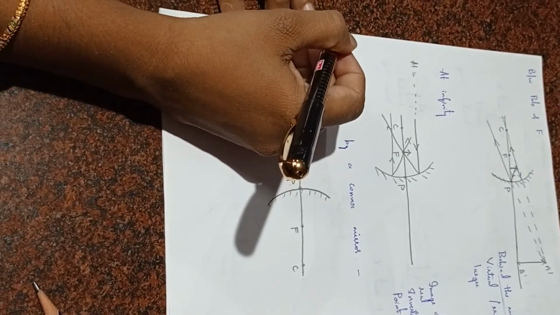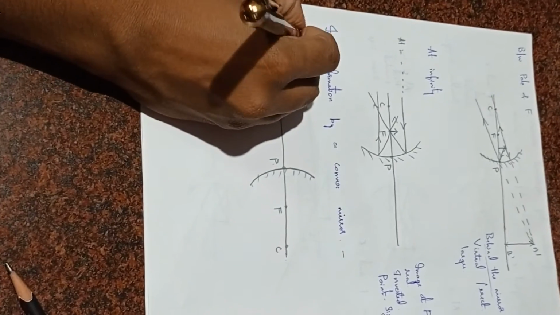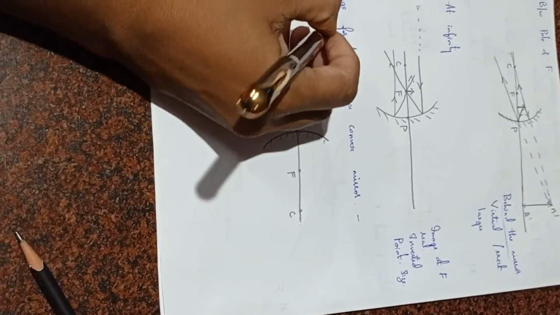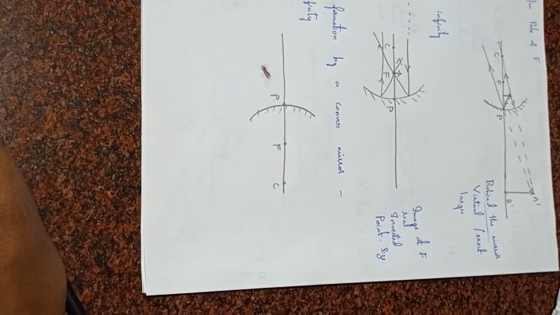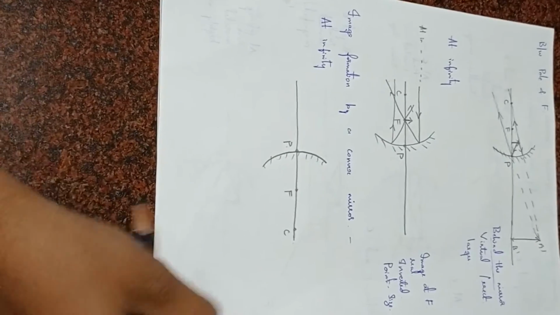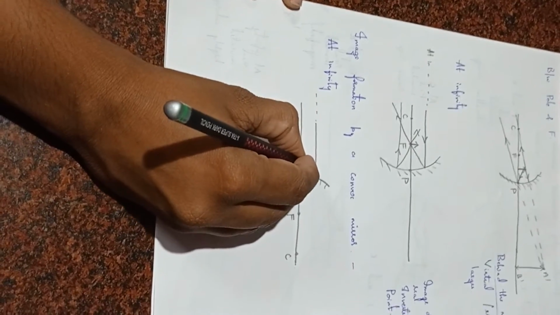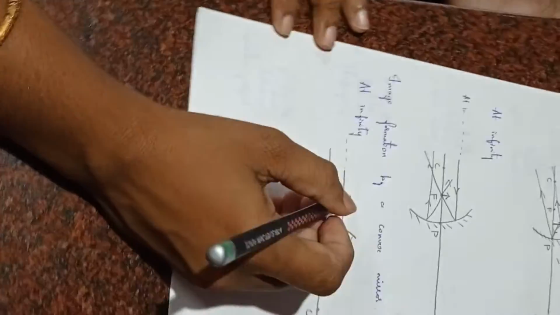We will be seeing two instances. First, what happens when the object is at infinity? Let us see. The object is somewhere here at infinity. The ray is incident on the mirror.